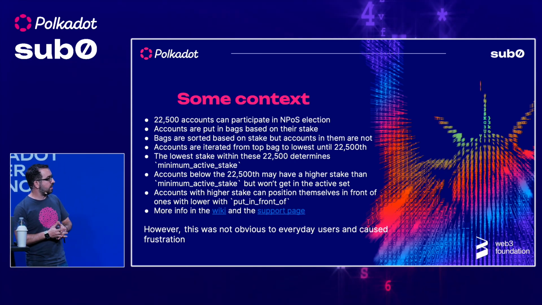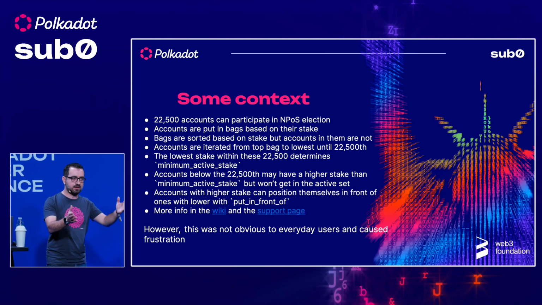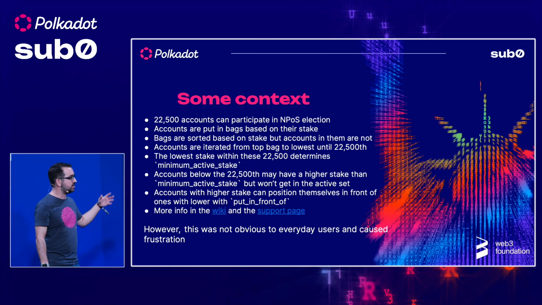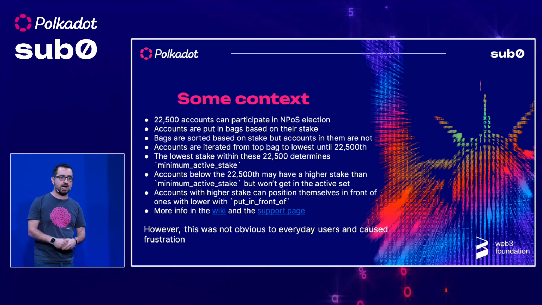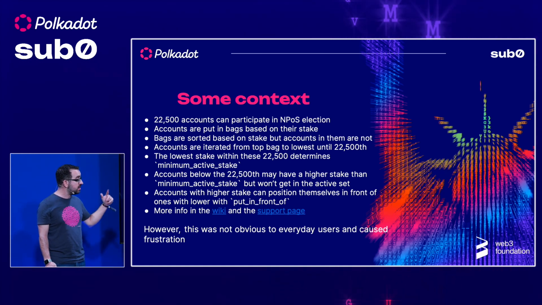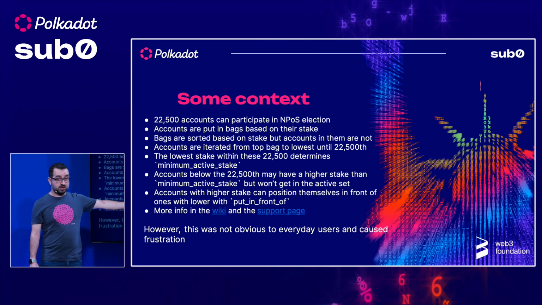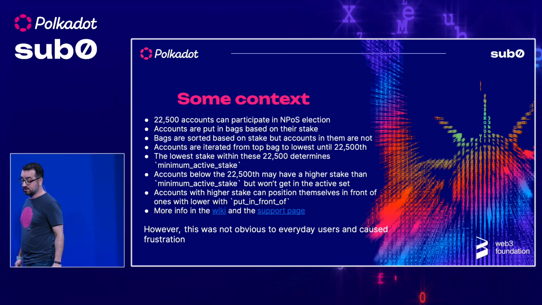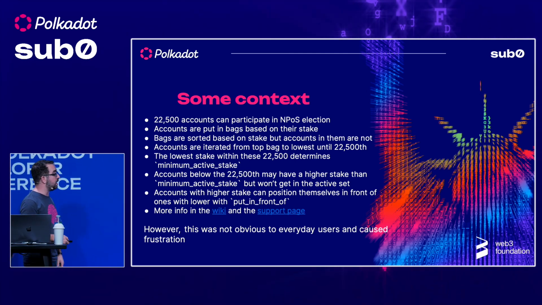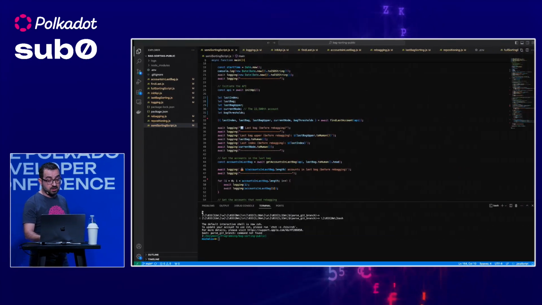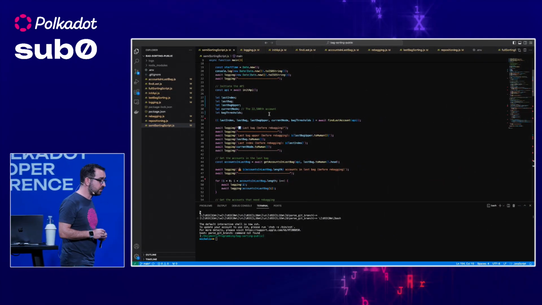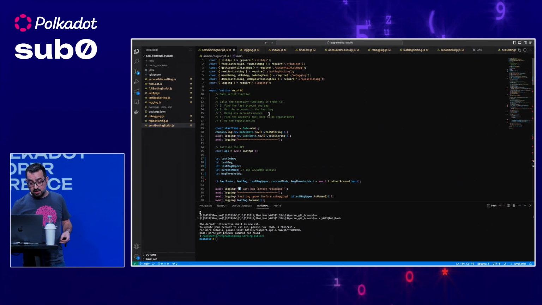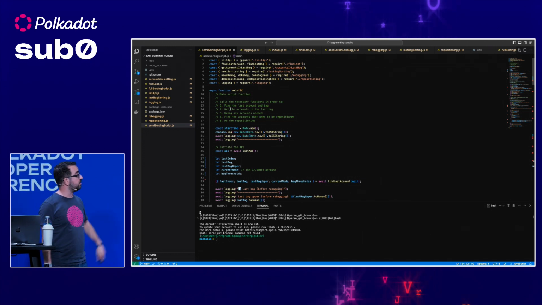So I thought, okay, how can we solve this to make lives easier for the users? I talked to Kian, he was kind enough to create a PR that introduced a permissionless version of this put in front of extrinsic. So then I went and created this script, which basically does what is described up here.